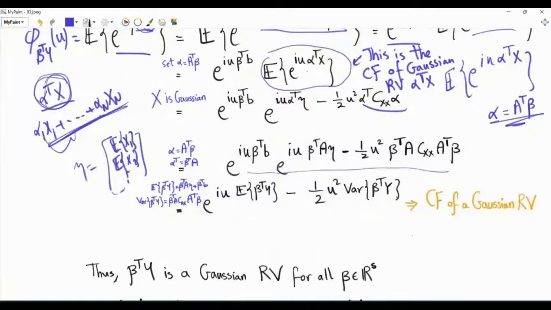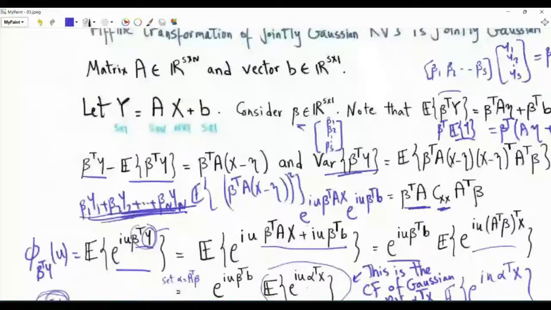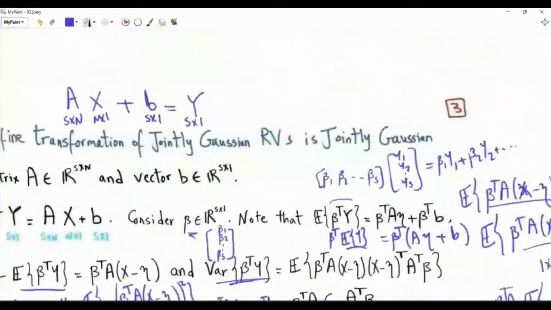But then you look at it and say, well, what is this characteristic function? It is e to the iu and then something. This thing is beta transpose b plus beta transpose A eta, and this quantity here is exactly the first moment of beta transpose y.